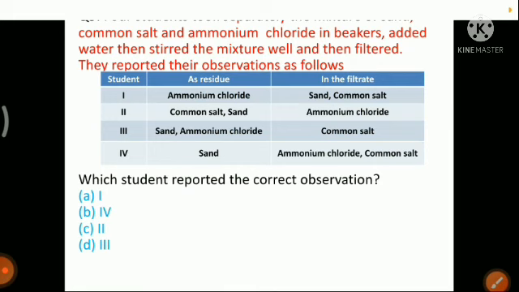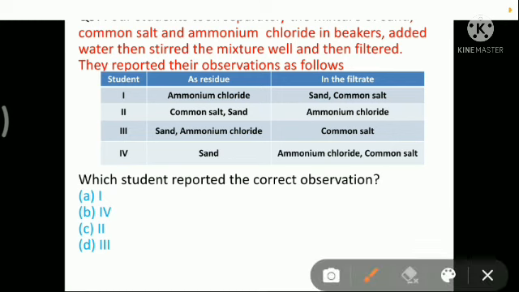So one thing is fixed: the residue must contain sand. So option 1 cannot be correct. And since salt always dissolves in water, salt cannot be present as a residue, so option 2 is also wrong. So only the third and fourth options may be correct.